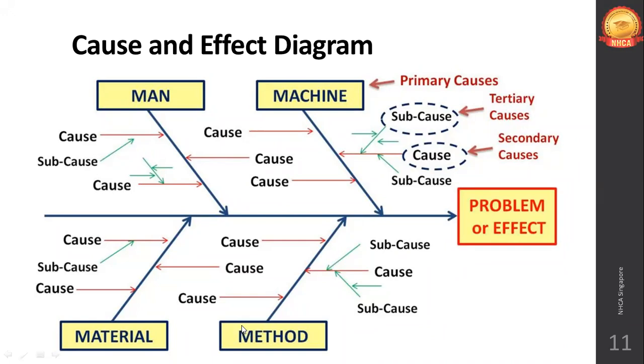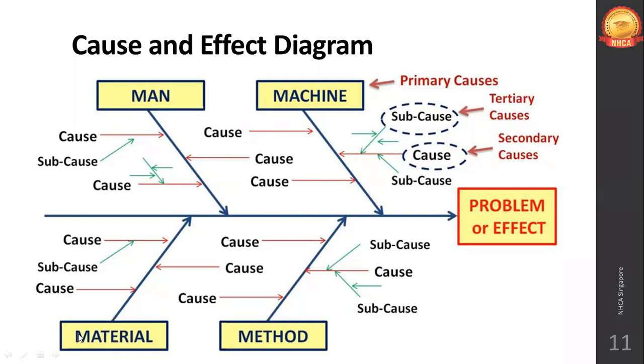Everything will come under the method. Material: maybe the quality of the lift they used in the first place was inferior. Or even if the lift was of good quality, the electrical wires, the supplies, the architectural integrity of the hospital was not up to the mark, inferior quality. That will be the material.